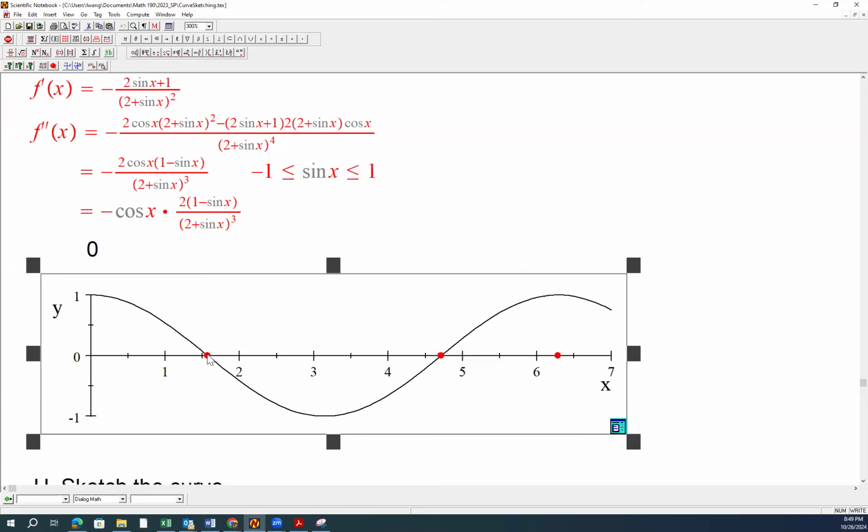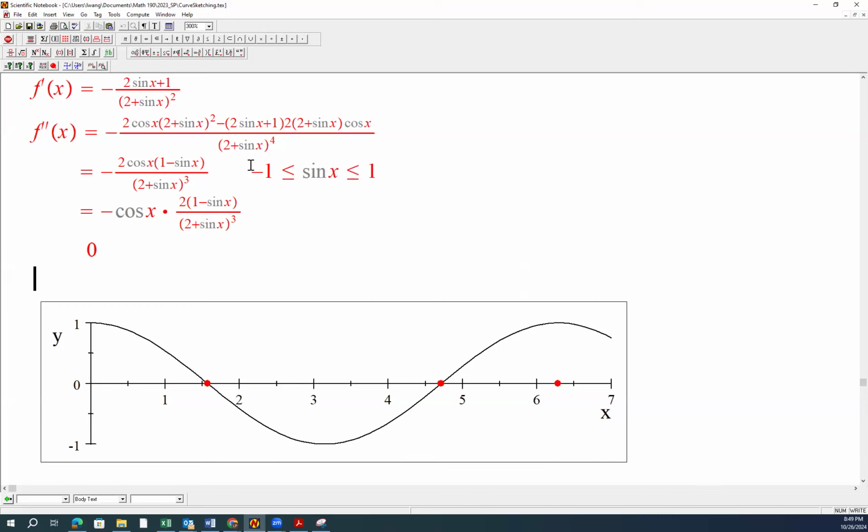So this is 0, this is 2 pi, pi over 2, 3 pi over 2. We're just looking at this one period. Let's draw a number line. Over here, that's 0.